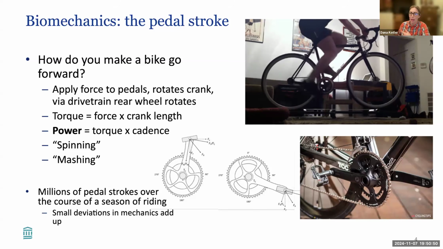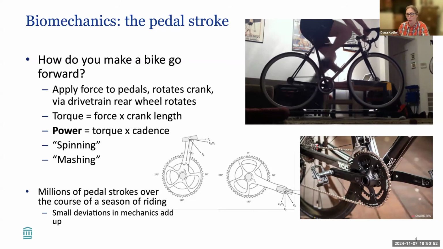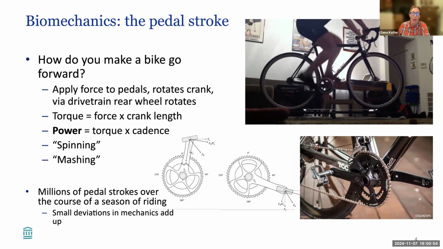And so we think of that as spinning. So you're just spinning your legs really, really quickly, and that's going to make you go forward quickly. Or you can put a lot of force down and kind of grind away, and we call that mashing. So two different ways to pedal your bike. Kind of like in running, you can take big steps or you can take a lot of steps.